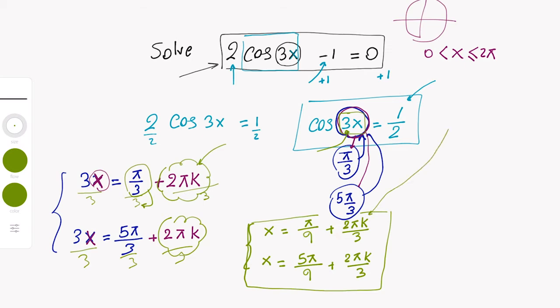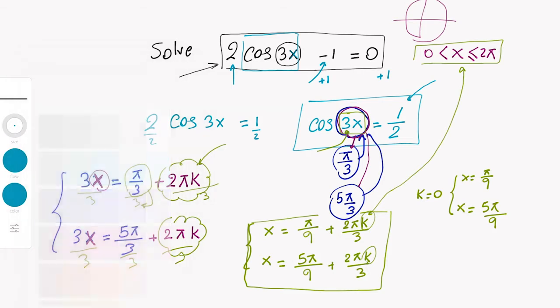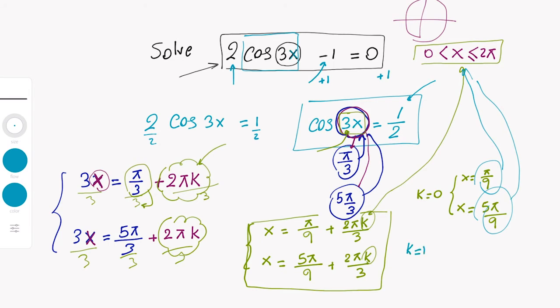But because we have a domain, our x should be between 0 and 2 pi. So we're going to give values to k. When k equals 0, if you plug 0 here and there, x will be pi over 9 and x will be 5 pi over 9. Both of them are in the domain. What about k equal to 1?